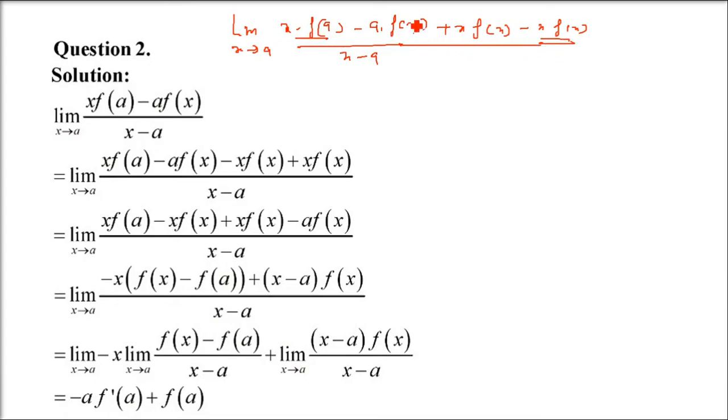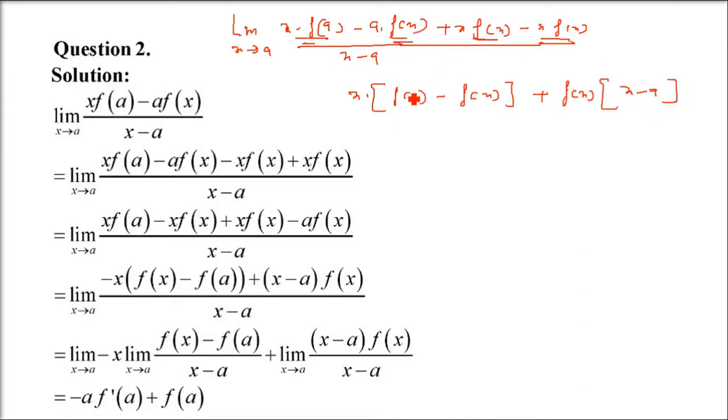And from the other two middle members we will take f(x) common. So x into f(a) minus f(x), plus f(x) common, so you have x minus a inside.